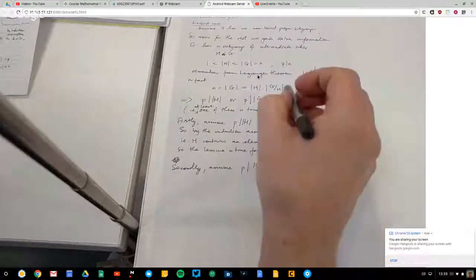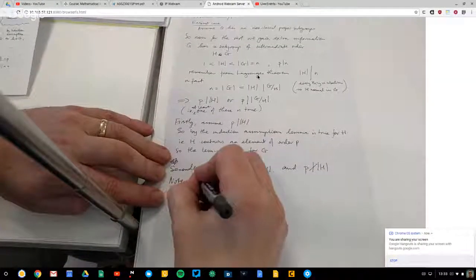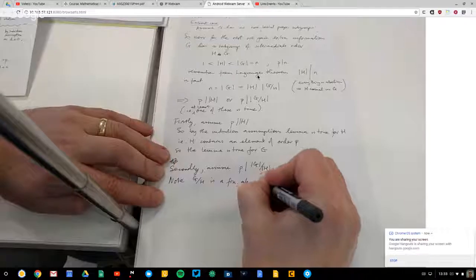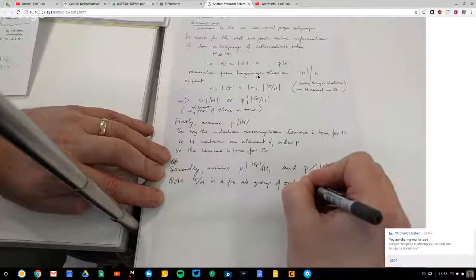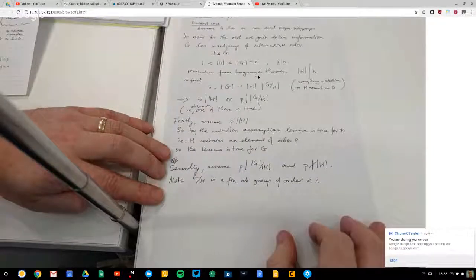But now we can immediately use the induction assumption, because G mod H is a finite abelian group of order strictly less than n. So the induction assumption holds. So it has an element of order p.